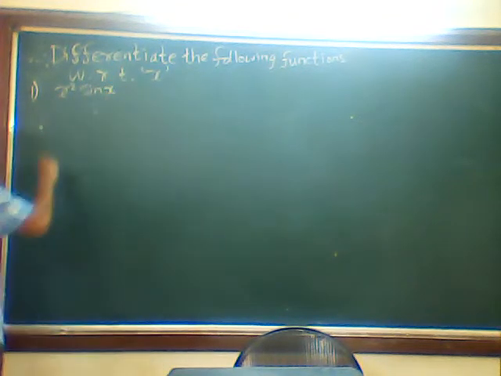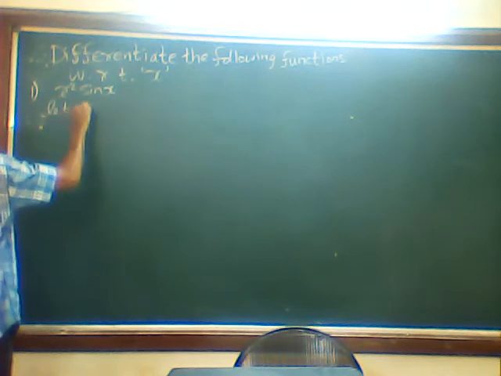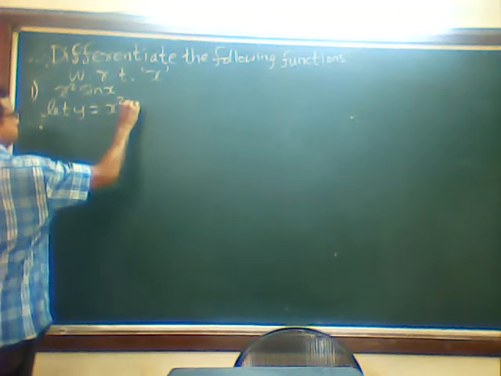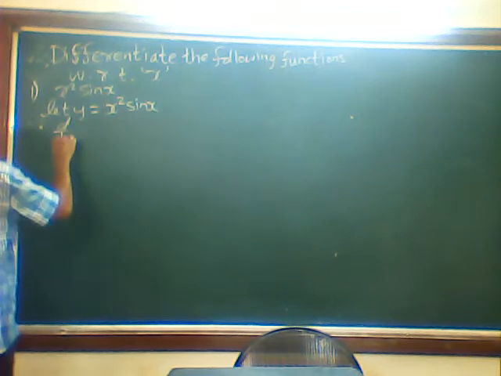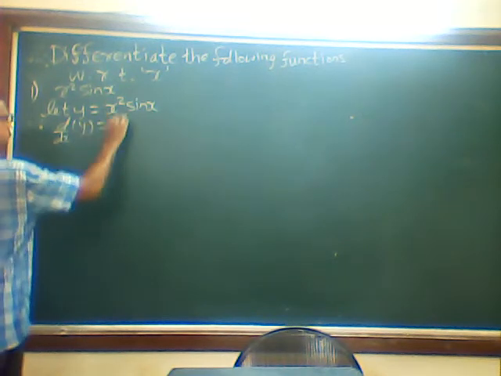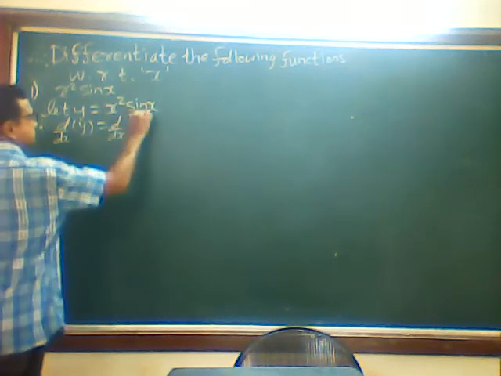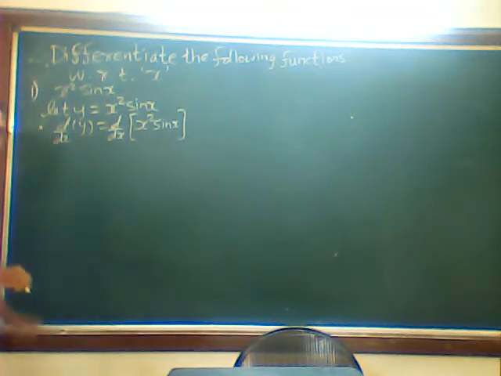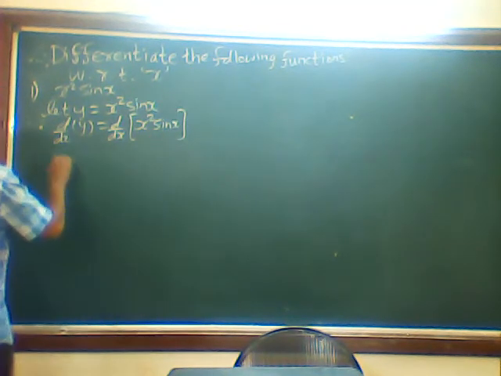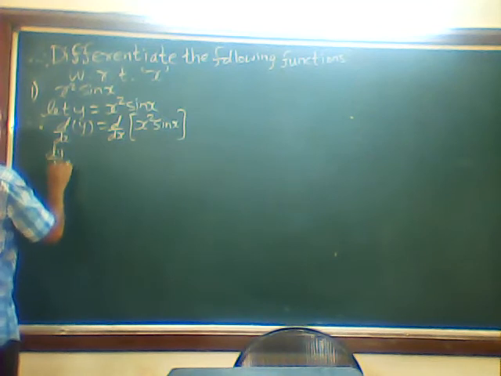Okay. So first what I will do, let y is equal to x square sin x. Then I will apply d by dx on both the sides. So this will become dy by dx.